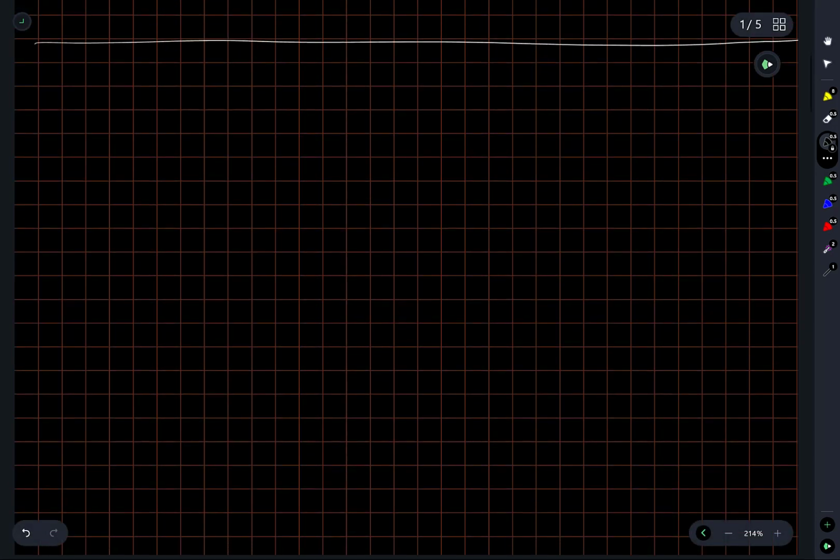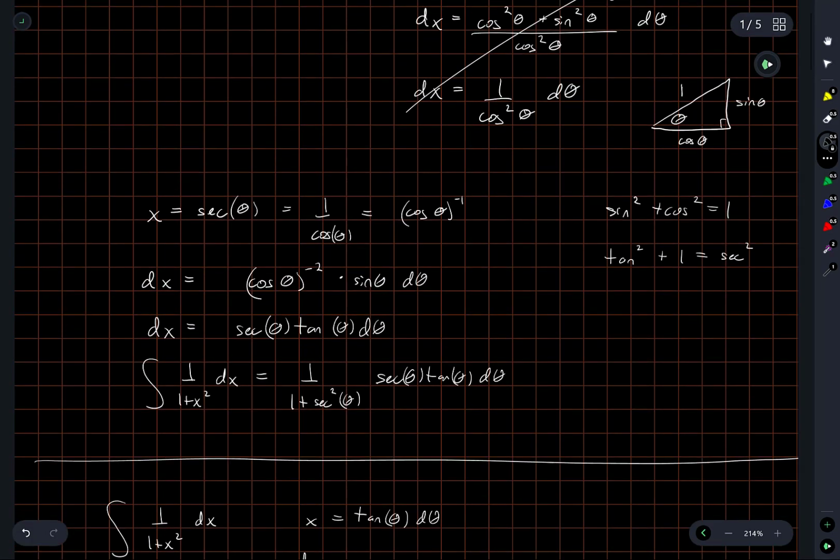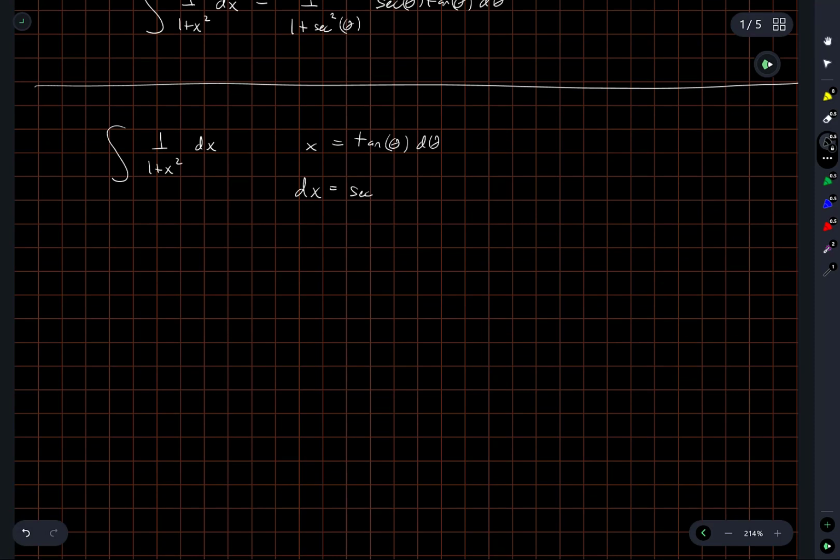Let's go back a little bit here. 1 over 1 plus x squared dx. My first guess was that x is equal to tan theta. Then dx is secant squared theta d theta.